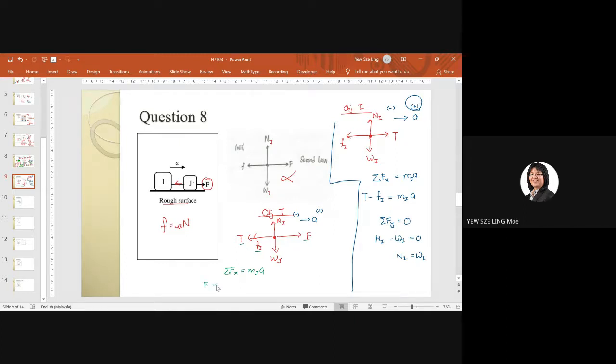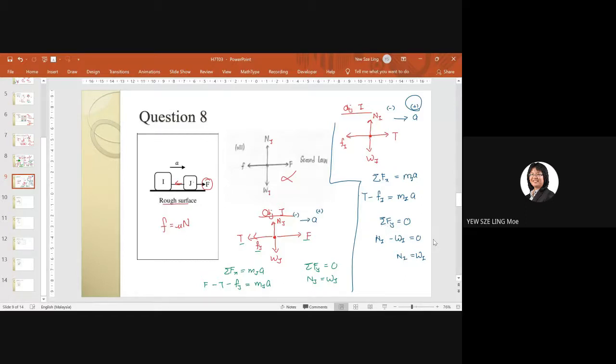So external force minus tension minus Fj equals mj a. Y components, summation Fy equals 0, and then Nj equals Wj. So that is how you sketch a free body diagram, and that is how you solve it.